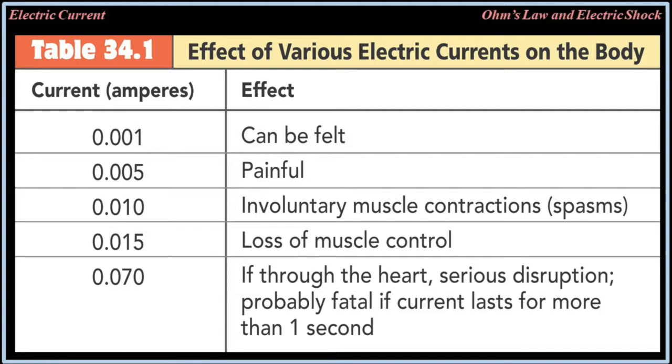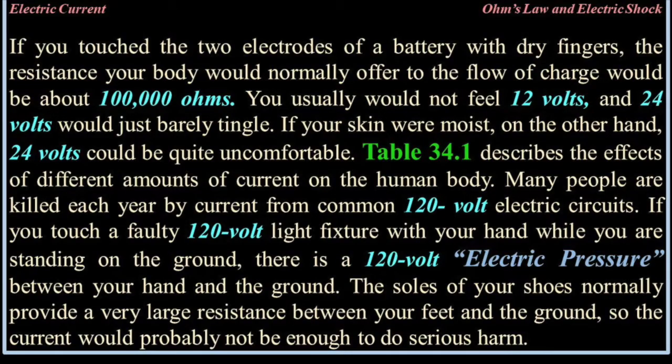Many people are killed each year by current from common 120 volt electric circuits. If you touch a faulty 120 volt light fixture with your hand while you are standing on the ground, there is a 120 volt electric pressure between your hand and the ground.